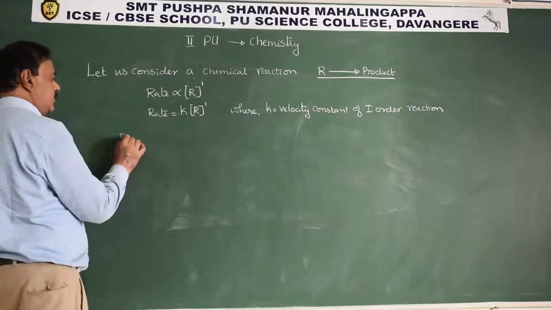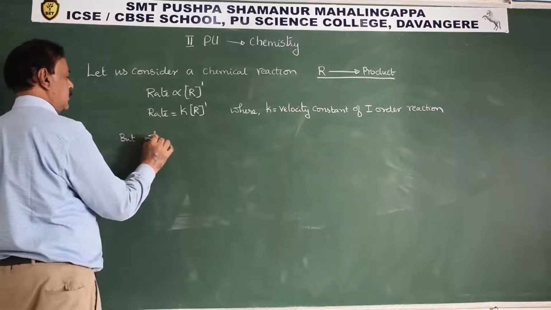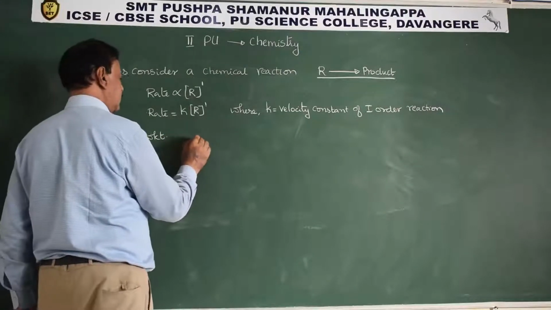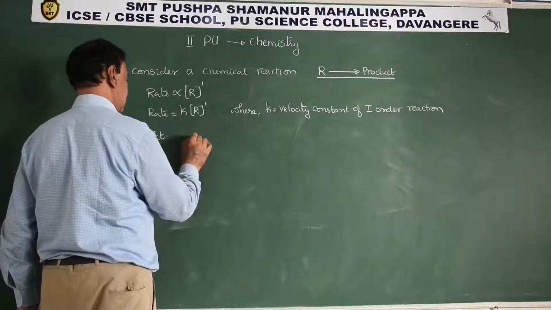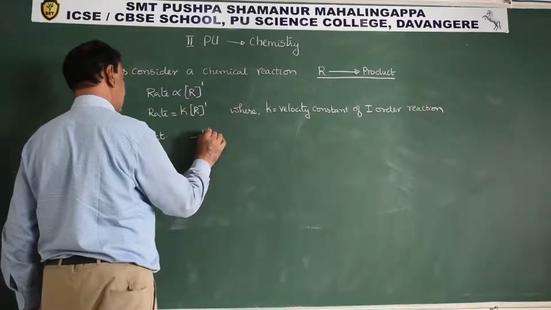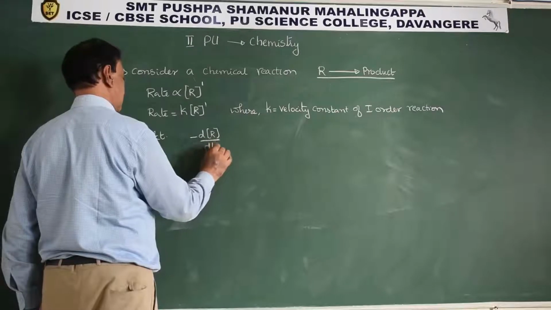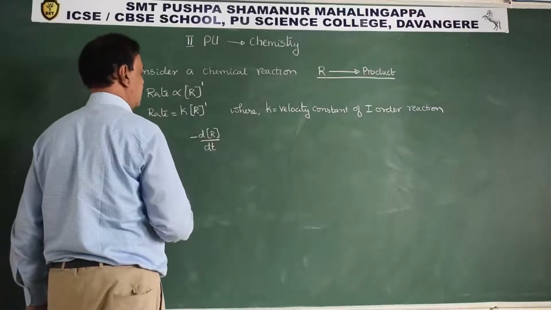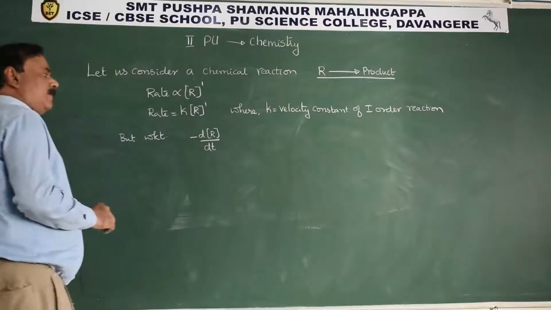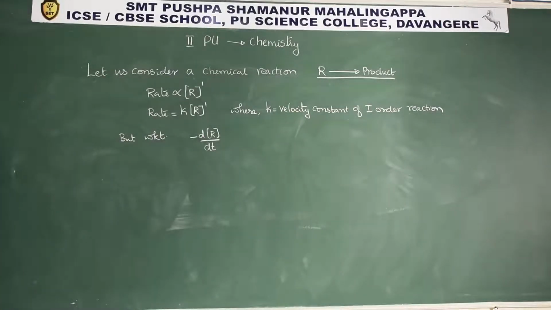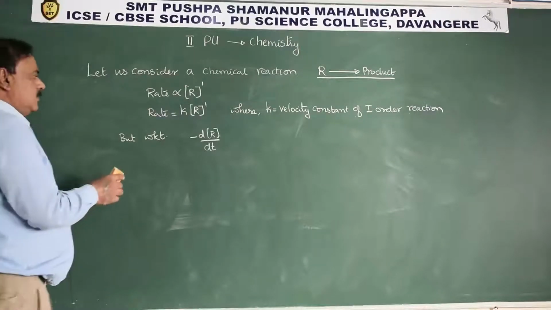But we know that rate is equal to minus dR by dt.